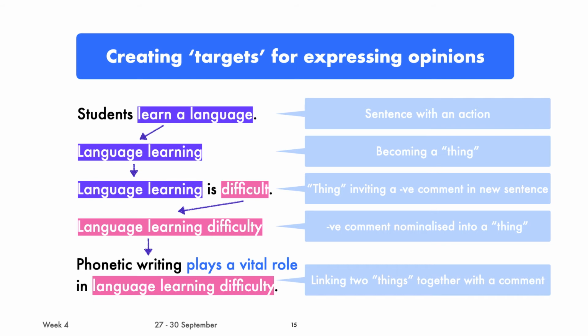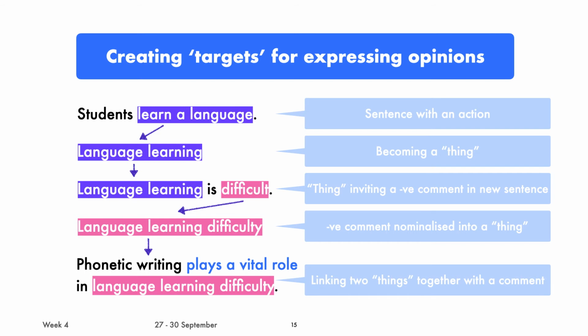And then with this phenomenon as a problem in language learning, we can also combine it with another phenomenon like phonetic writing. So you can add a comment linking the two phenomena together, such as phonetic writing plays a vital role in language learning difficulty, or in solving language learning difficulty.